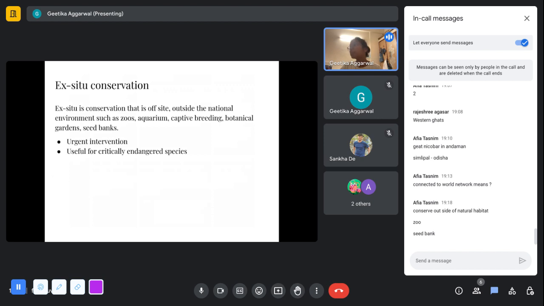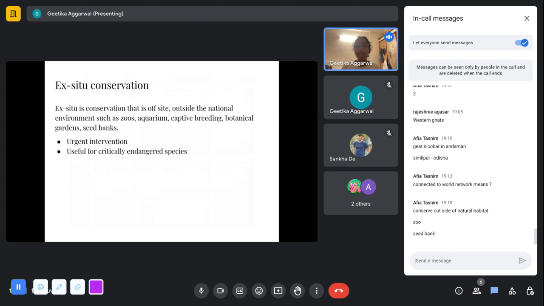So, moving on to what is an ex situ conservation, you're correct. It is conservation that is outside the natural environment, it is off site, and mostly some examples would be zoos, as you mentioned. There's seed banks for plants, there is botanical gardens, then there is captive breeding that you carry out for certain very threatened species, then there are aquariums for aquatic species and things like that. There is like herpetariums for snakes and other reptiles.